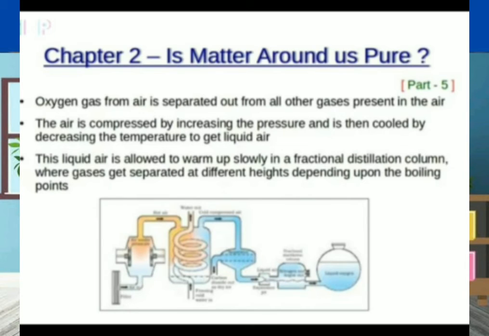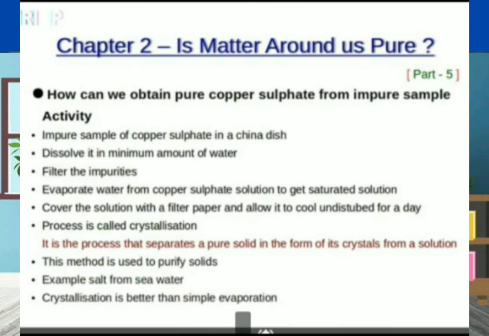This liquid air is allowed to warm up slowly in a fractional distillation column, where the gases separate at different heights depending upon their boiling points. In the fractional distillation column, the gases are separated. This is the third separating technique.